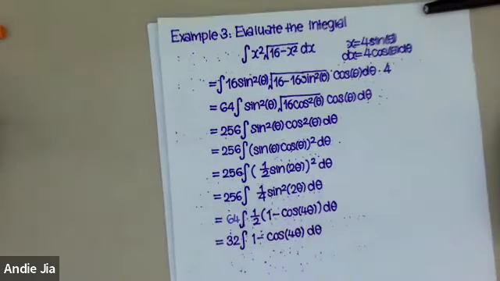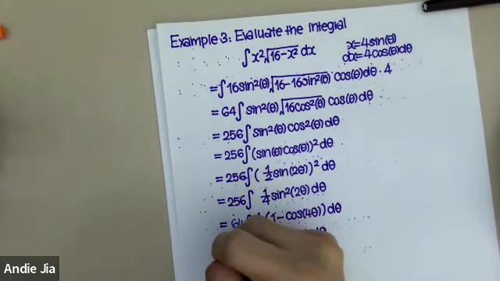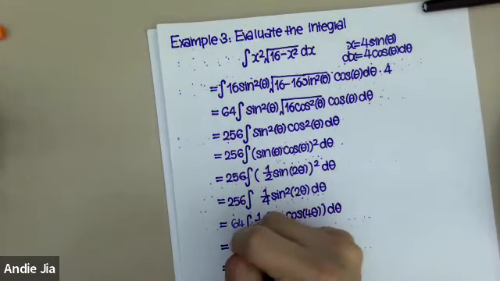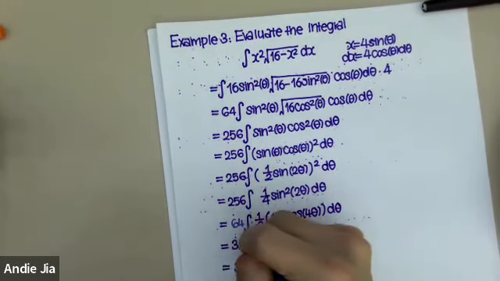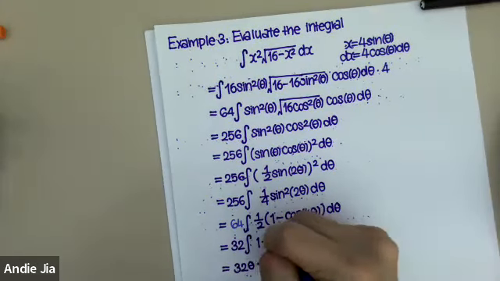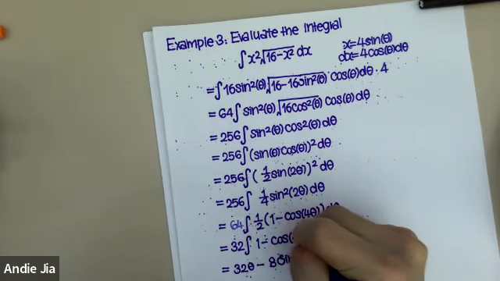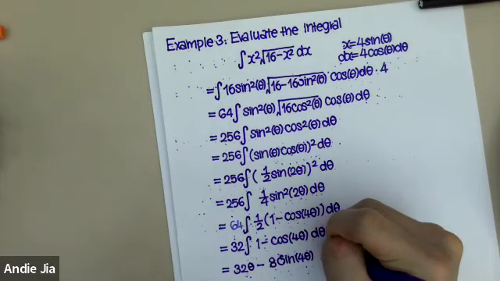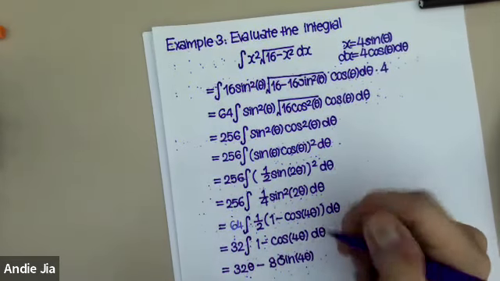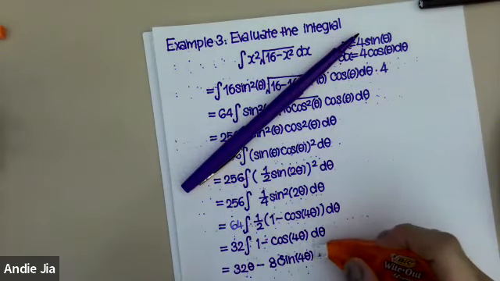It's just going to be 32 theta minus 8 sine of 4 theta, and then plus constant of integration.